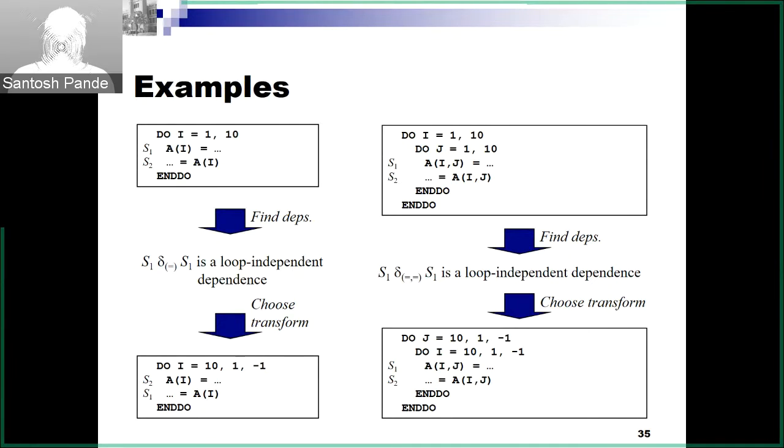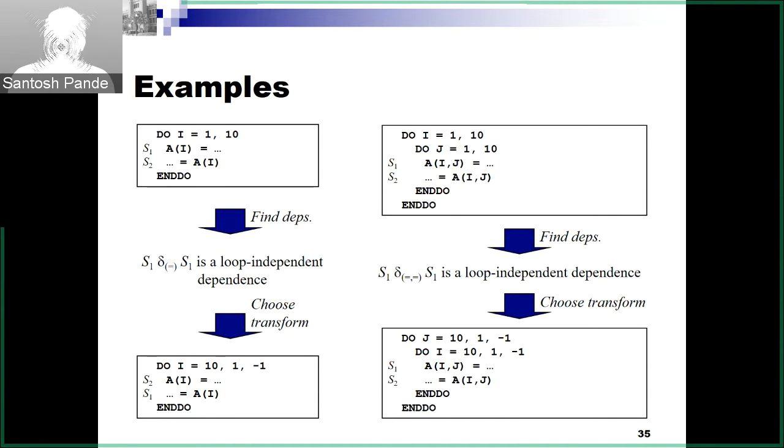So this is the loop independent dependence here, and you can see that we can change the ordering again. Instead of going from 1 to 10, we can go from 10 to 1 down, and that's what is shown here.